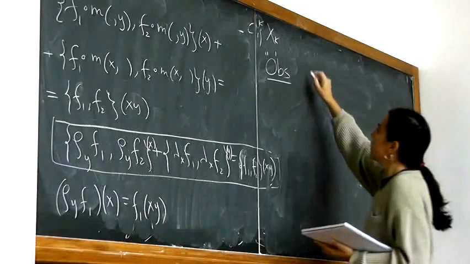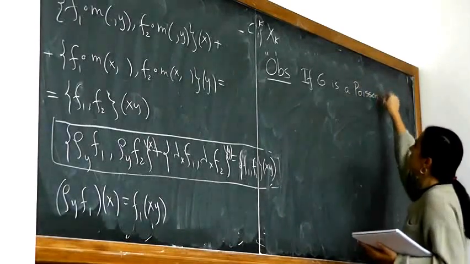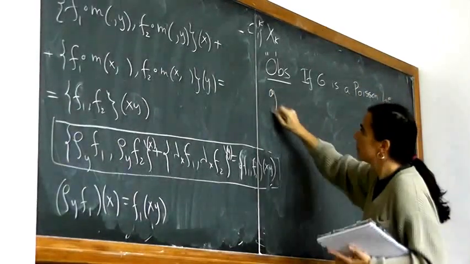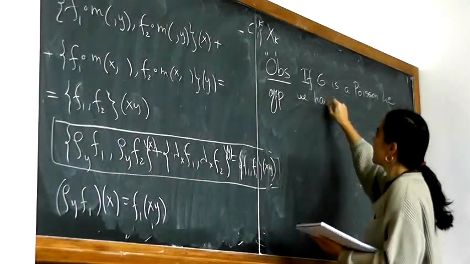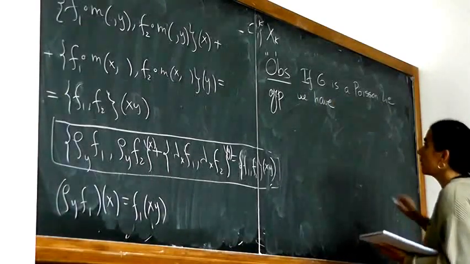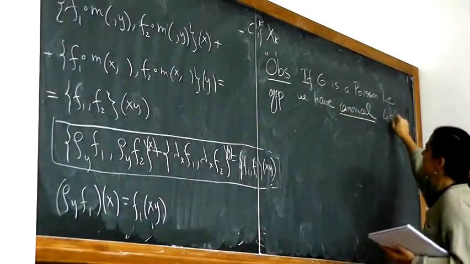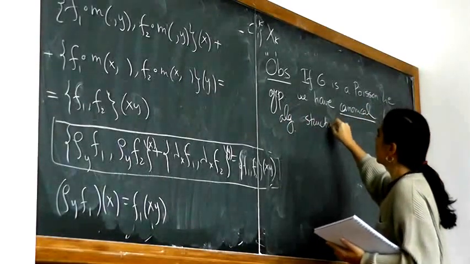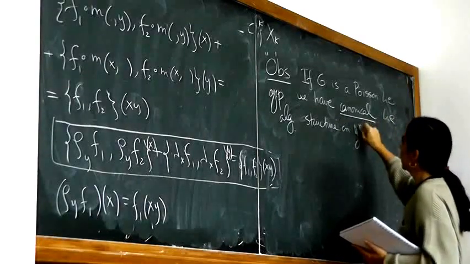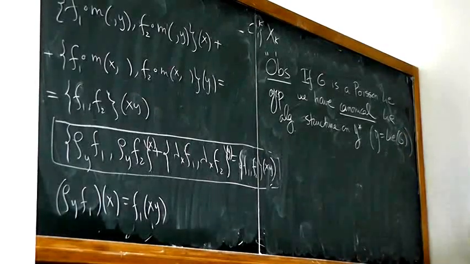So if G is a Poisson Lie group, we have a natural, canonical structure of Lie algebra on G star, where G is the Lie algebra of G. So clearly, if we take the Lie algebra of our Lie group, it has a Lie algebra structure, of course.